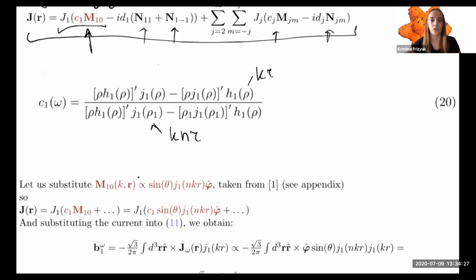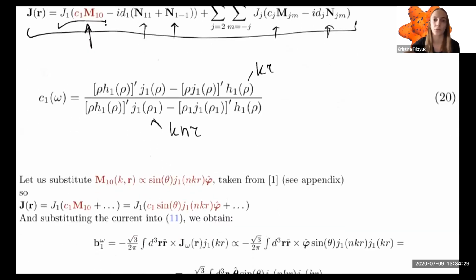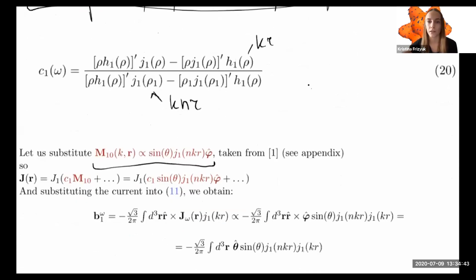And actually, we know how all these functions look. You can find them in any book in the appendix. And this particular function is actually very simple. It has only one component, and we can even draw this vector function. This is just like circular currents around the z-axis.